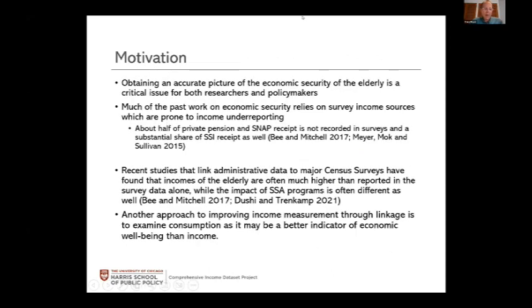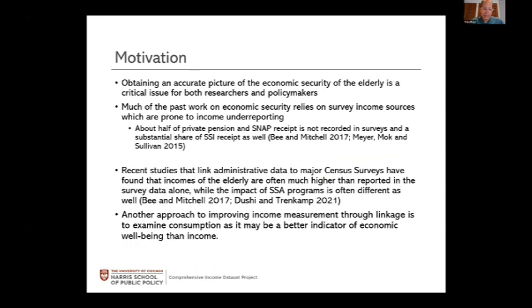Here we go. Obtaining an accurate picture of the economic security of the elderly is a critical issue for both researchers and policymakers. Much of the past work on economic security relies on survey income sources, which are unfortunately prone to income underreporting.